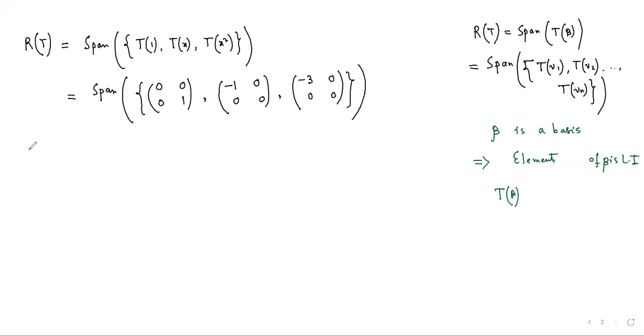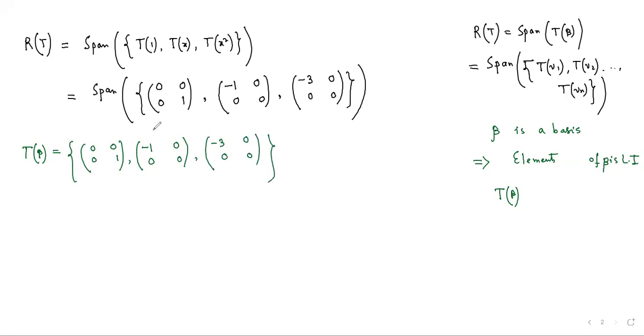Now you observe, what is my T beta here? My T beta in this particular case is 0, 0, 0, 1, minus 1, 0, 0, 0, and minus 3, 0, 0, 0. If you observe carefully, you will find that you look at these two members.